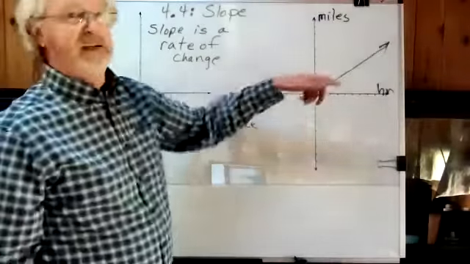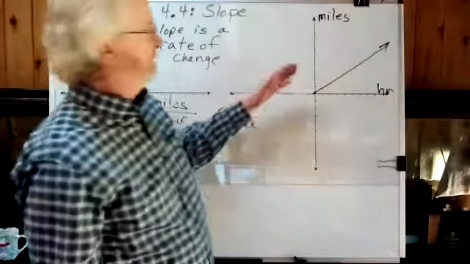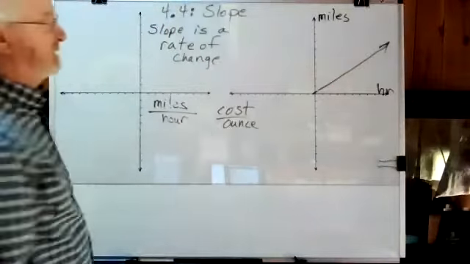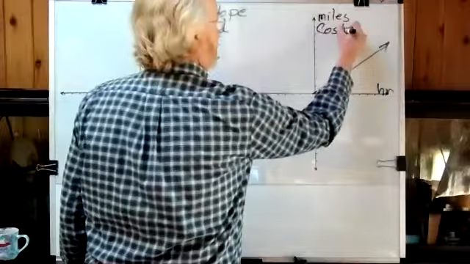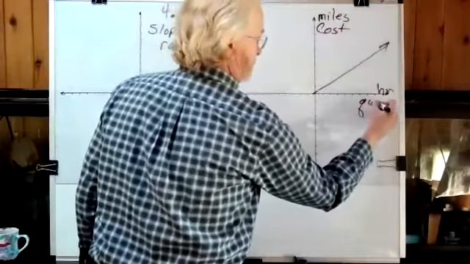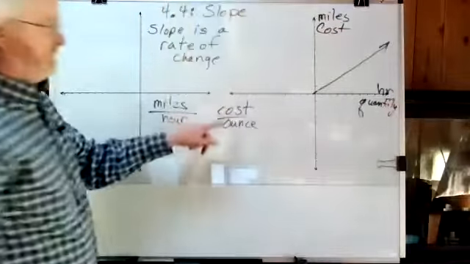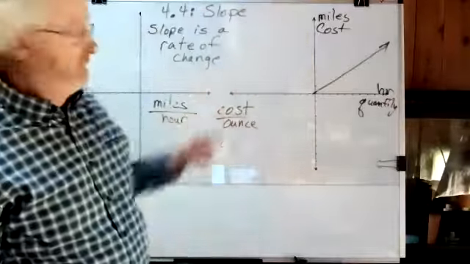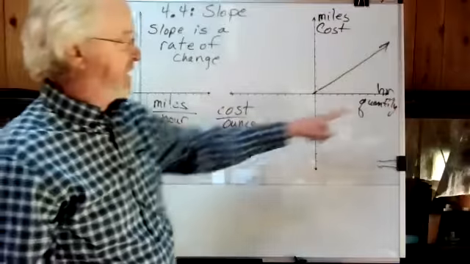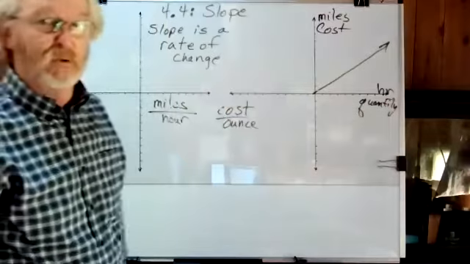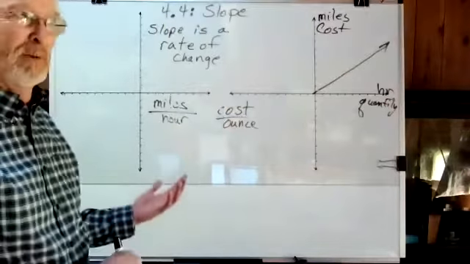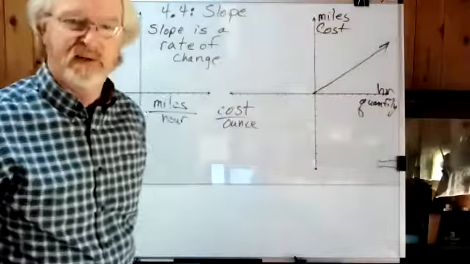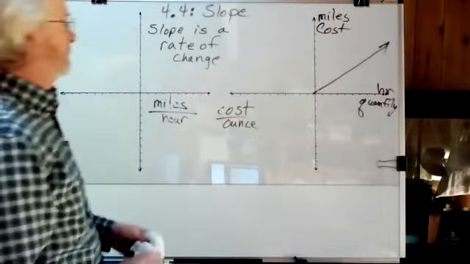My rate, my speed, is a comparison of the number of miles per hour. Or the same could apply to cost based on quantity, cost per ounce. Notice the top number is my Y number. The bottom concept is my X value. That's going to be important when interpreting the slope. What are the units of that slope? It's the comparison of the units on your graph. Okay.